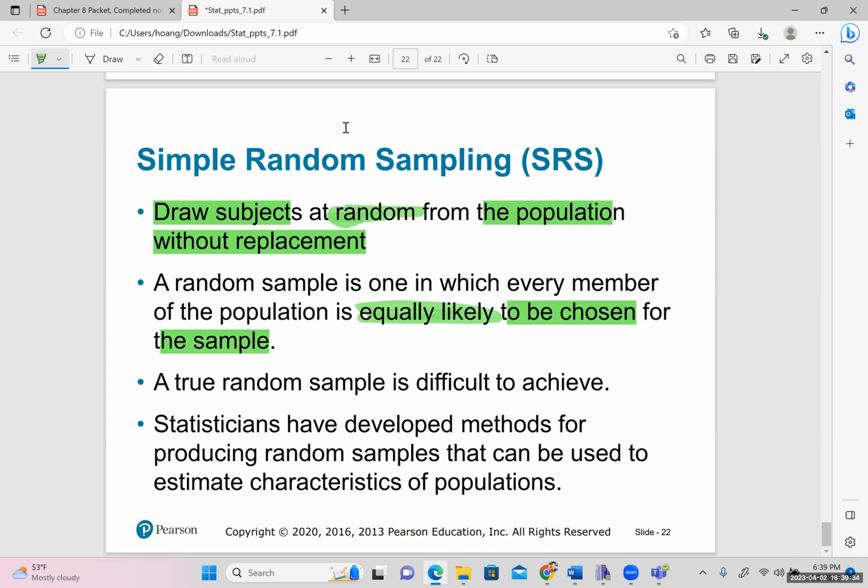And a true random sample is difficult to achieve. Statisticians have developed methods for producing random samples that can be used to estimate characteristics of populations.